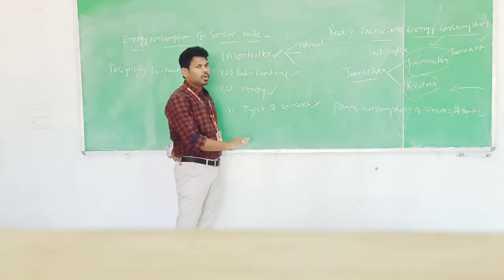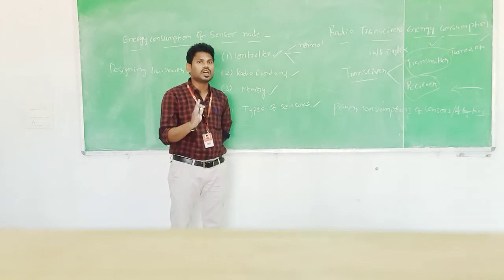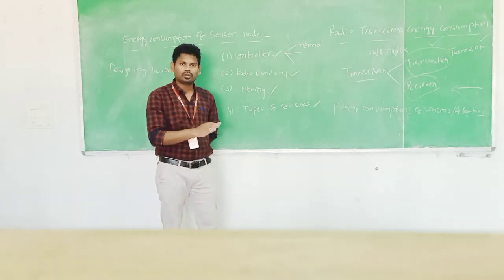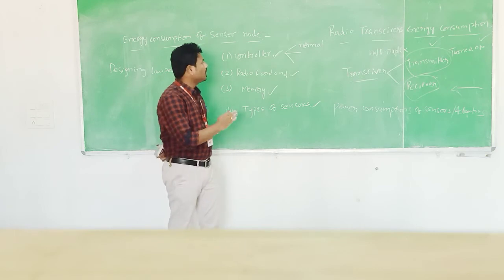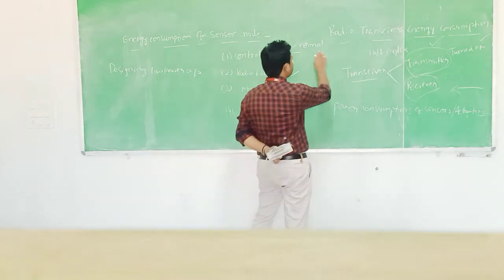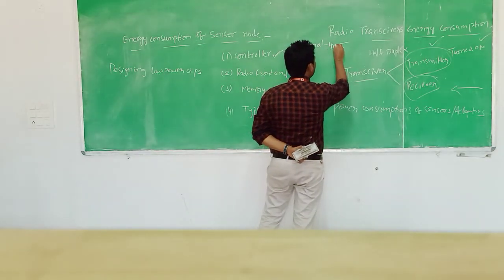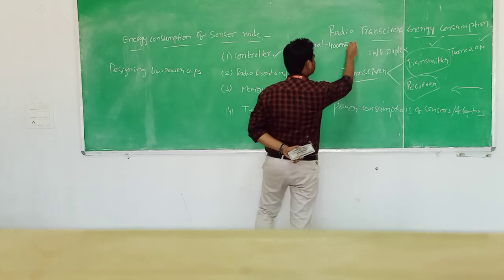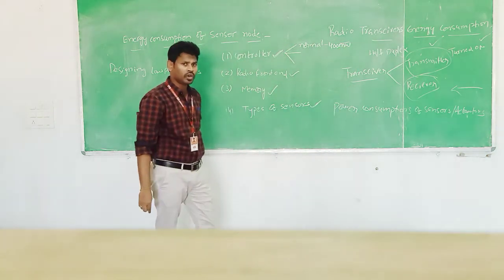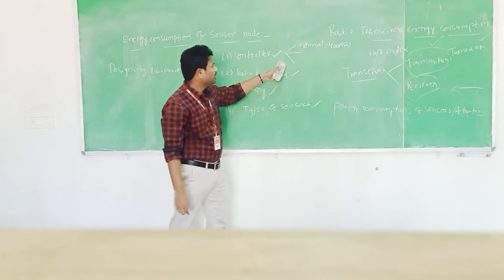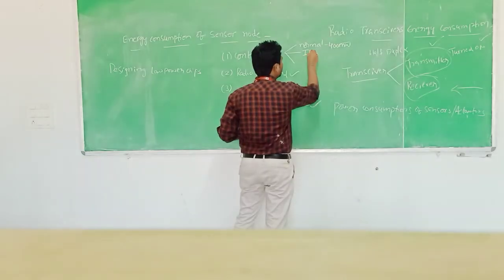In this normal mode, all the peripherals which are connected to the microcontroller are in work. So the power consumption in this normal mode is 400 milliwatts. And coming to the second mode, that is idle mode.